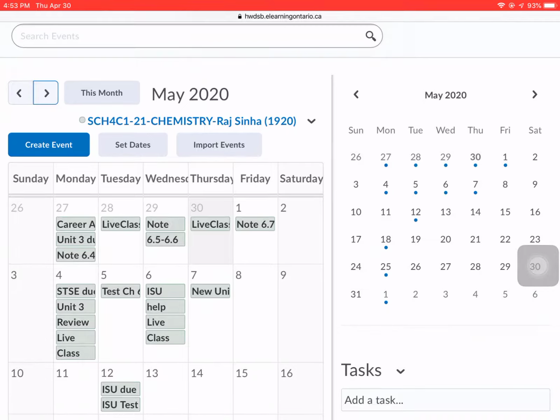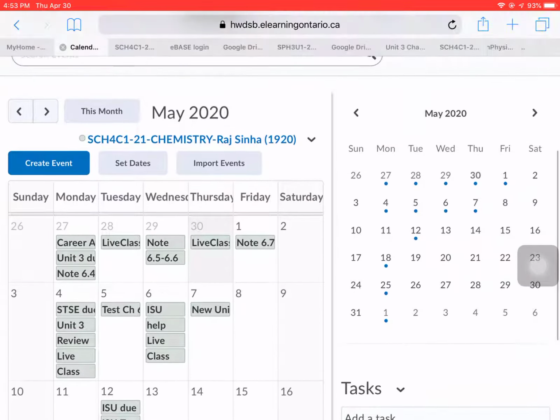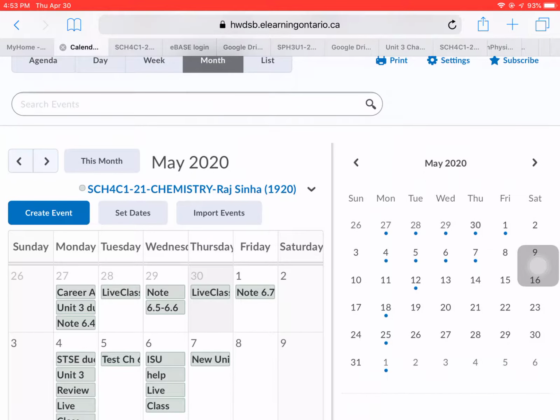Whatever exams are going to look like, I'm thinking we probably won't have exams, but there may be culminating tasks that you'll be working on your own instead of the exam. So I really don't know what June's going to look like yet, but try and stay on top of your assignments for all of your classes so that when your final few weeks of semester come, you've got everything done except whatever final evaluations there are.